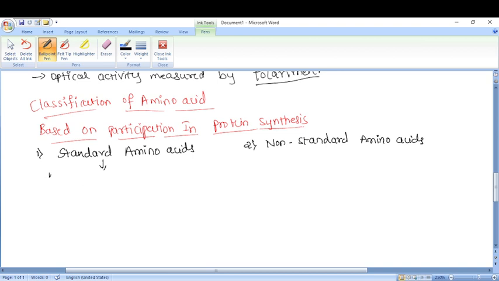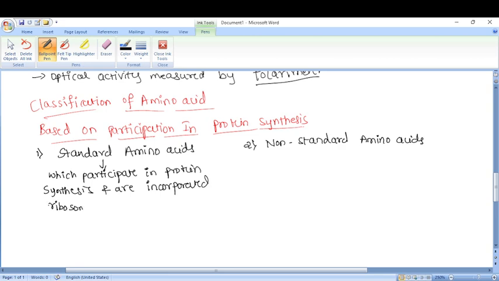Amino acids which participate in protein synthesis and are incorporated ribosomically into proteins are called the standard amino acids.